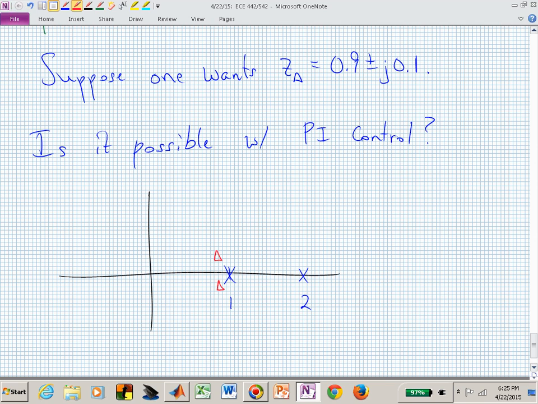That's where we want our root locus to pass through. We now want to see, is it possible to select a zero that's located at beta to make that happen?